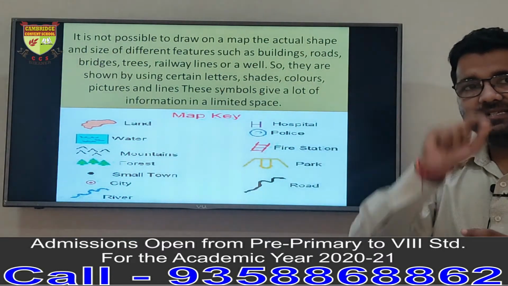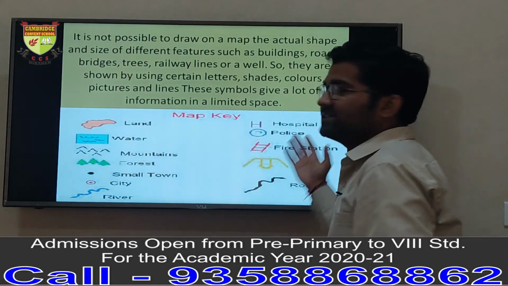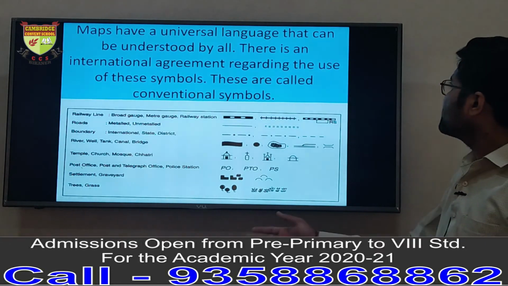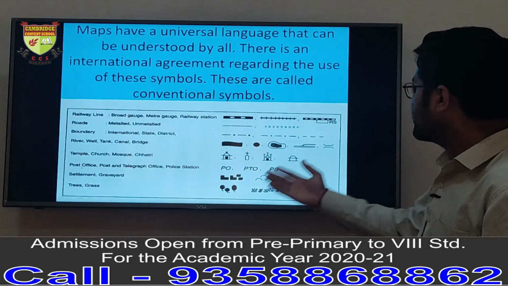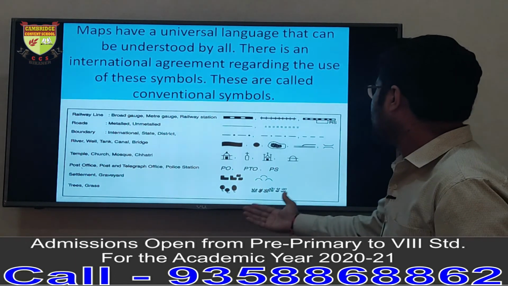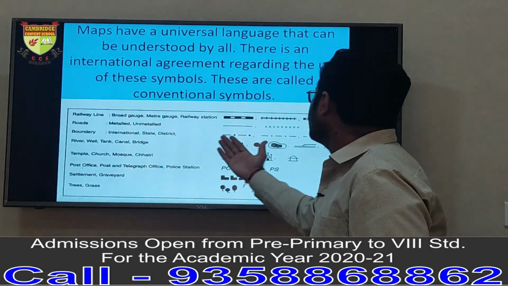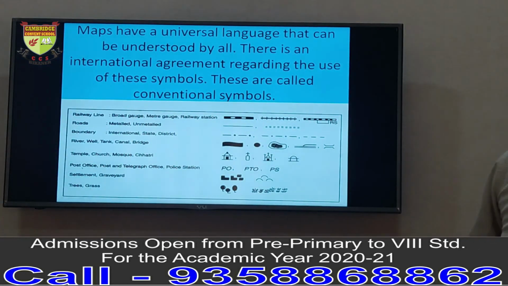So I will use a symbol to indicate it, so we can read the map very easily. And there is a universal adoption of conventional signs, which you can see here. There are different types of signs like boundaries. If we read a map and see these signs, they are internationally adopted.